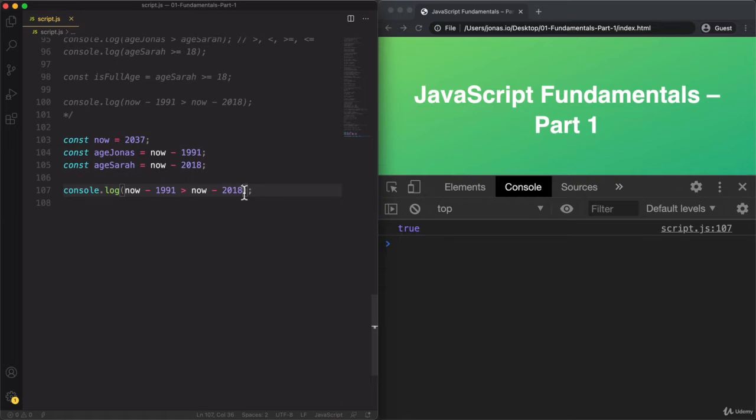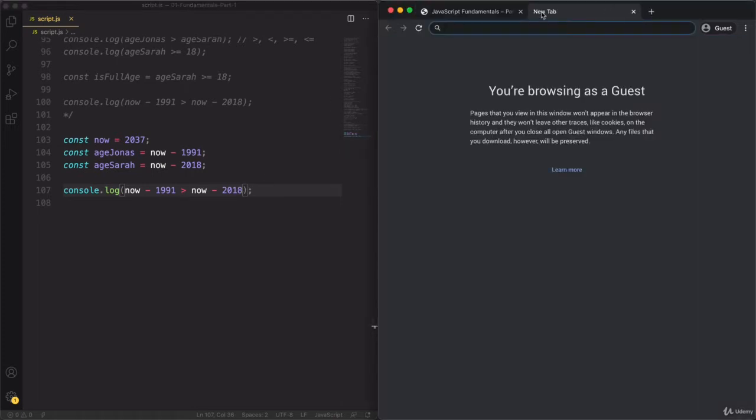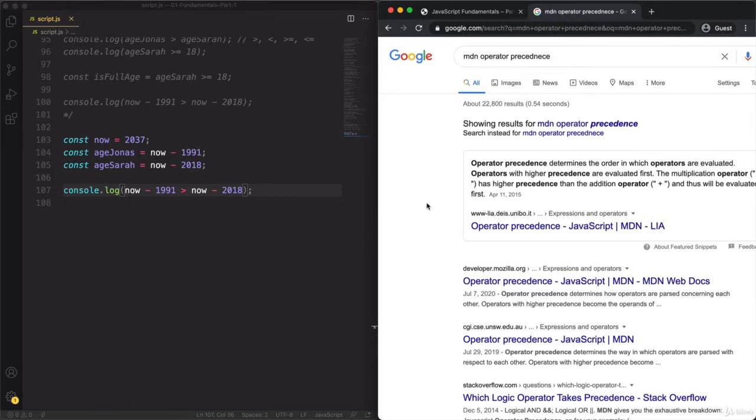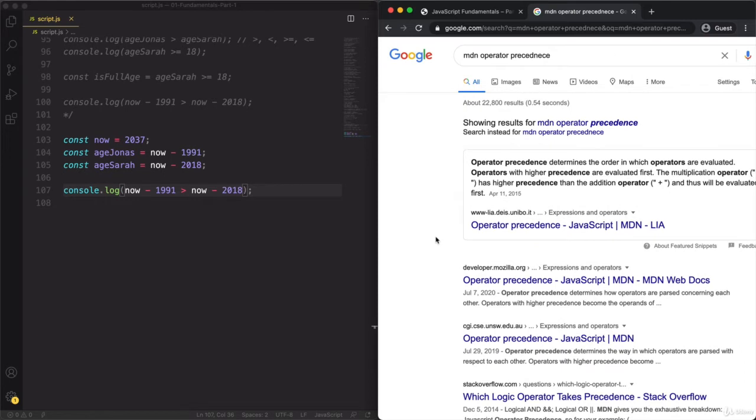So basically the order in which operators are executed. And to actually see the precedence of all the different operators, let's check out a very handy precedence table. So let's Google MDN, which stands for Mozilla Developer Network, and then Operator Precedence. And so the one you're looking for is this one.